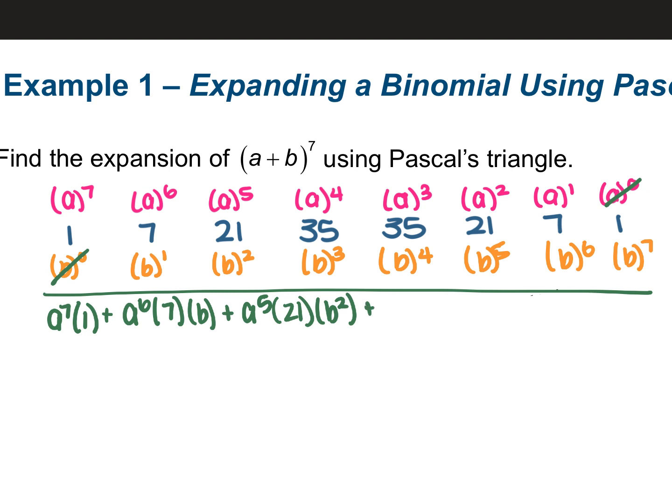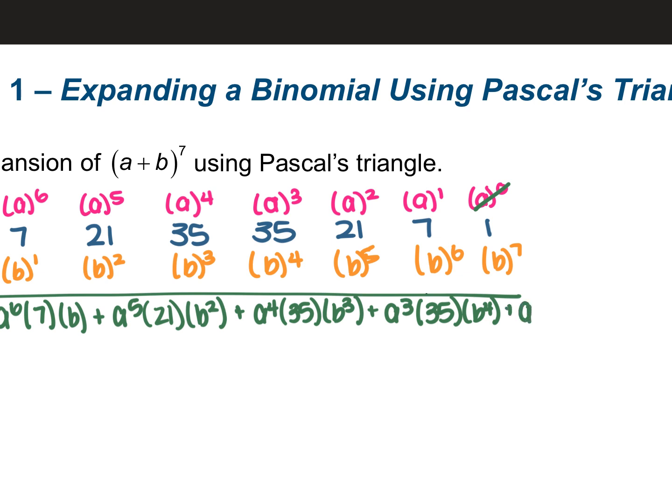Next, we have a to the 4th times 35 times b cubed. Then a to the 3rd times 35 times b to the fourth. I'm sorry, guys, it's a to the 3rd, not a to the 5th.